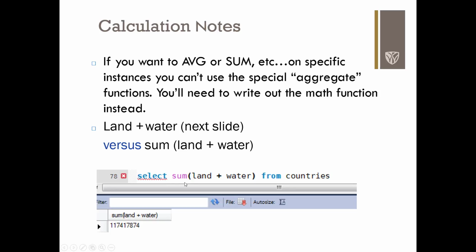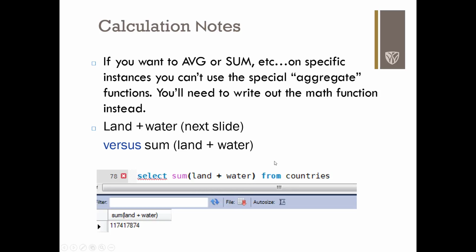So if we have select sum land plus water from countries, again this is the name of the table that you'll be creating, it gives us a single value. What does this single value represent? Well, basically it represents the total land value for all of the countries that are included in the database, where land values is the sum of land plus water.